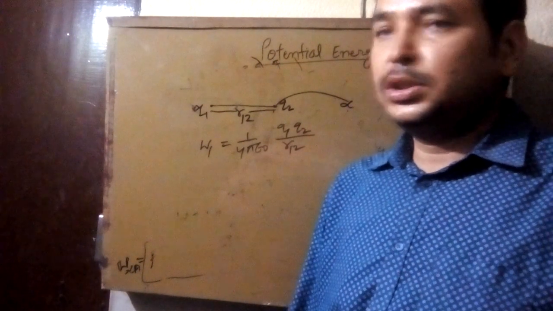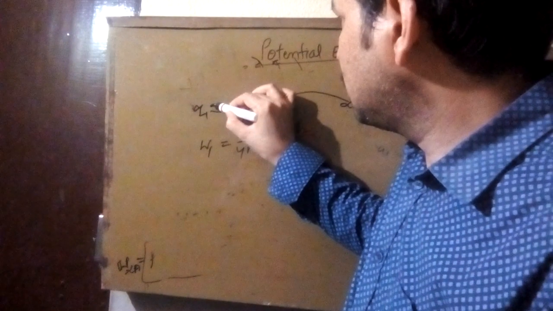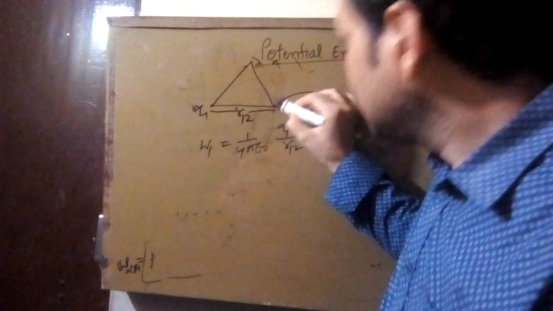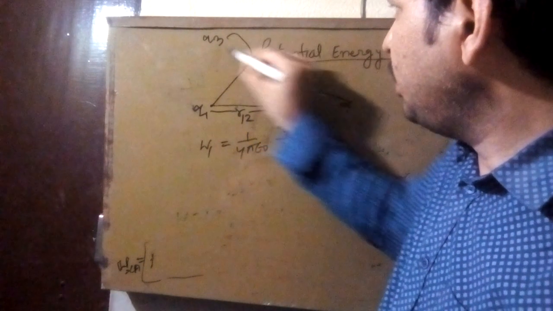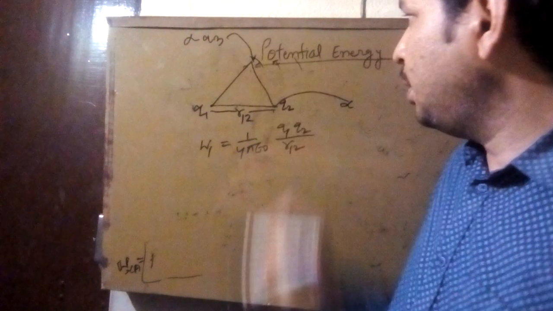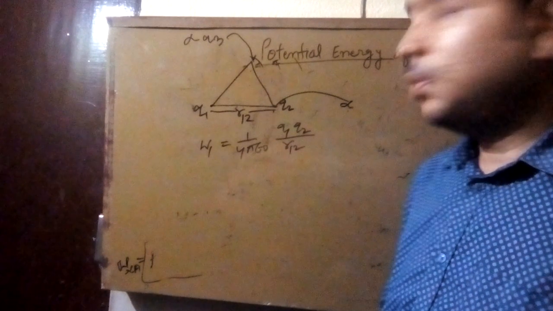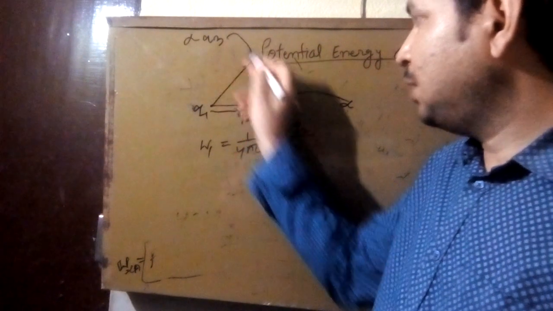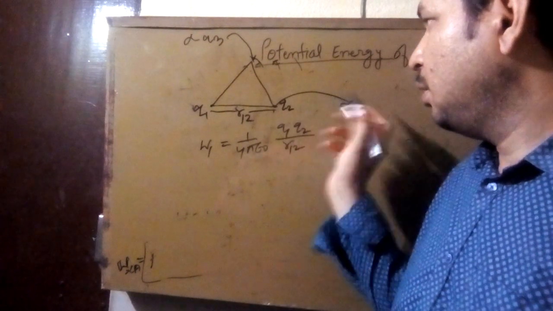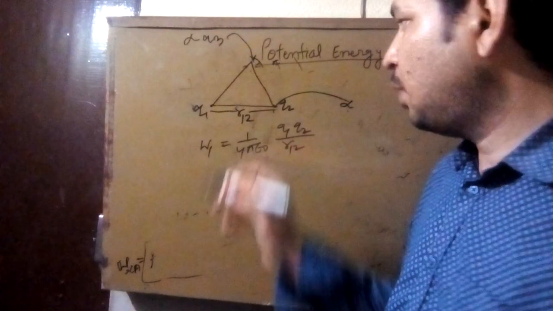Now suppose the charge Q3 is brought from infinity to this point, you can name the point also. What will be the total work done to bring the charge Q3 and assemble it here? First we have brought Q2, then we are bringing Q3. What is the total work done?